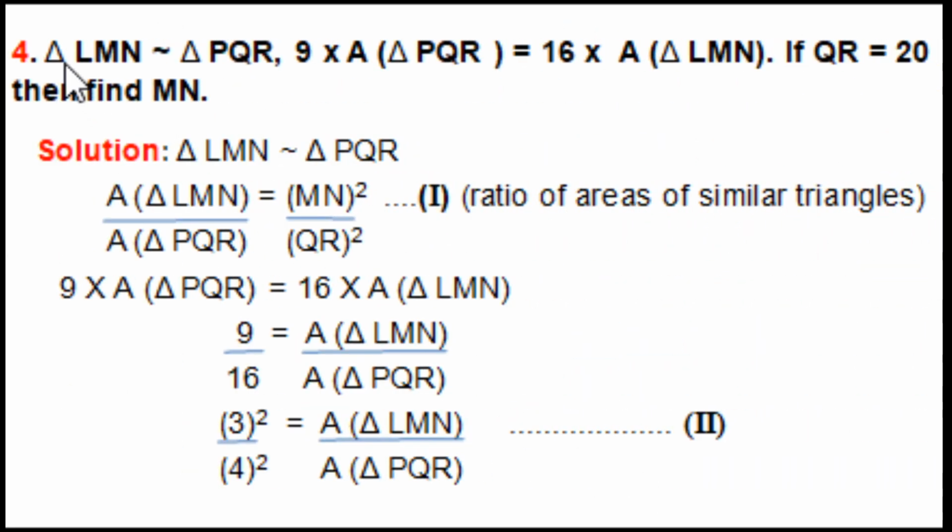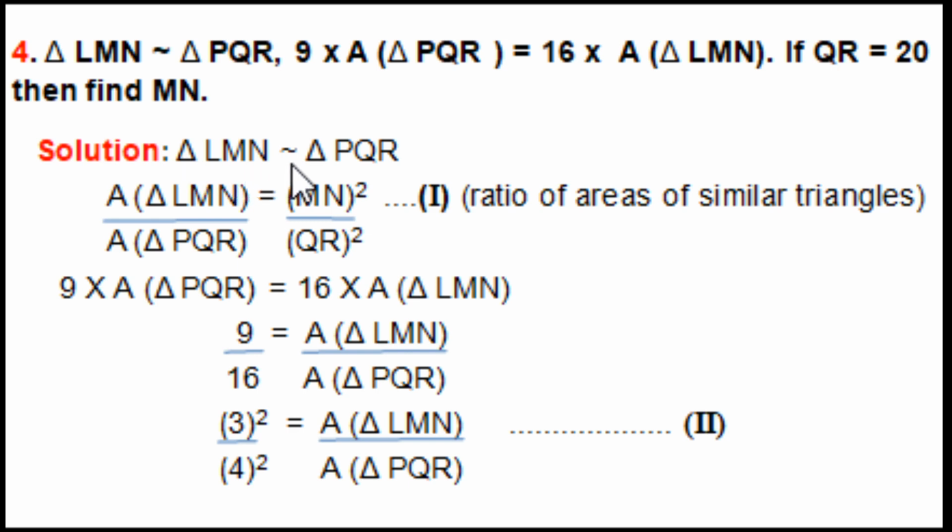Next question. In question number 4, triangle LMN is similar to triangle PQR, and 9 into area of triangle PQR is equal to 16 into area of triangle LMN. If QR is given as 20, then we have to find MN. So let's see the solution.